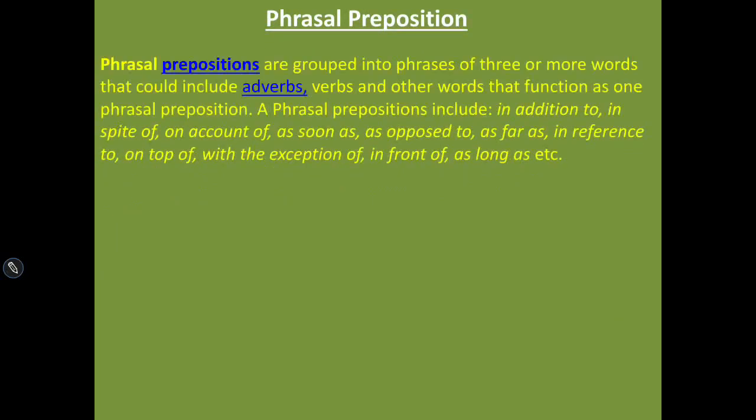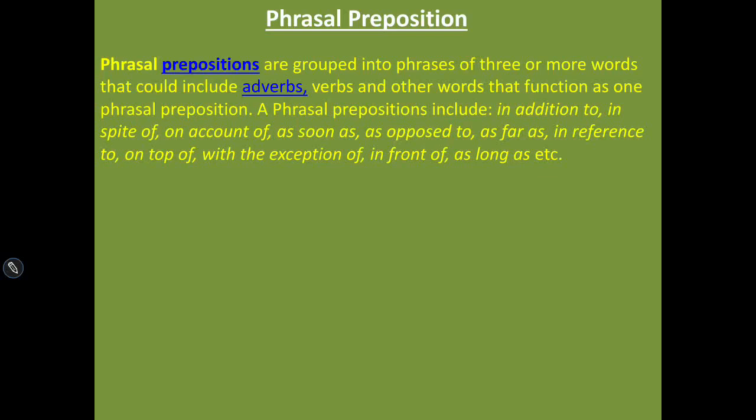Phrasal prepositions. Phrasal prepositions are grouped into phrases of three or more words. These are also called compound prepositions, that could include adverbs, verbs, and other words that function as one phrasal preposition.